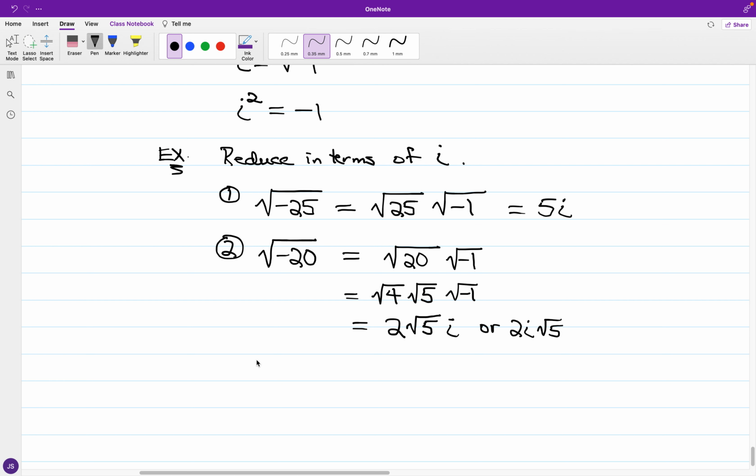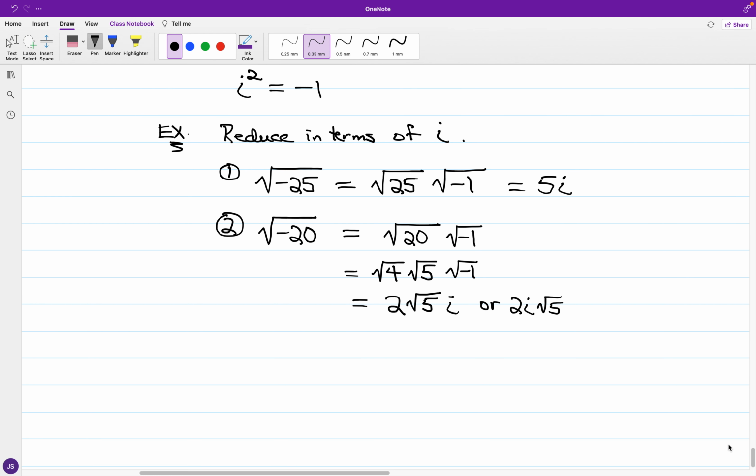And for what we have in the case of the letter i, I'm going to do a little shifting of the order here.